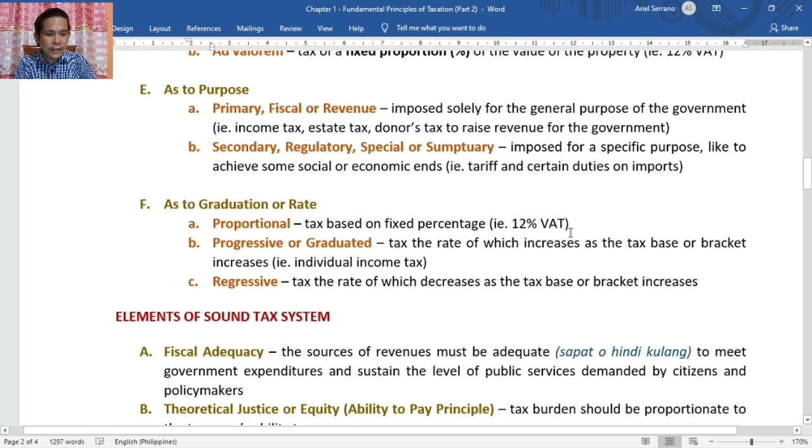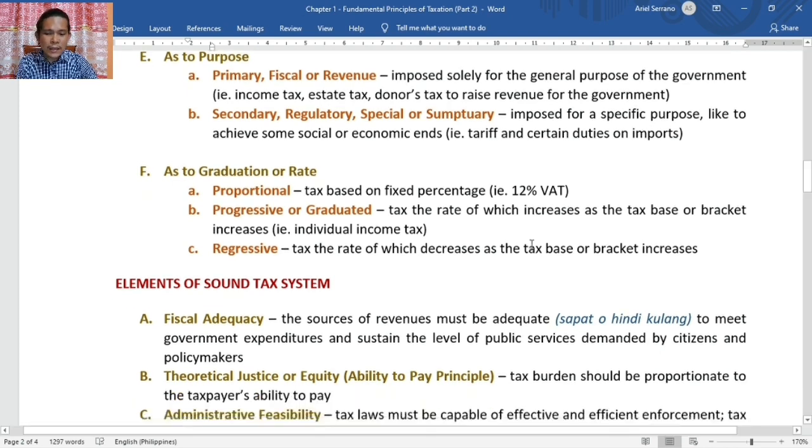Okay? Yung tax rate increases as the tax base or bracket increases. Ang kabaligtaran niyan is yung regressive. Okay? Pag regressive, yung tax rate bumababa kapag lumalaki yung tax base mo or yung bracket mo. So, yung opposite nitong progressive. Okay? So, yan yung ating mga classification ng taxes.